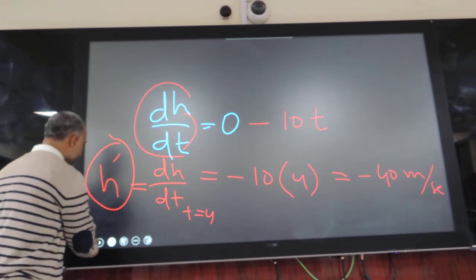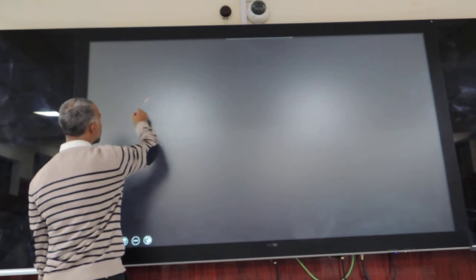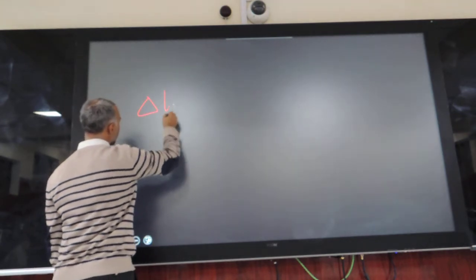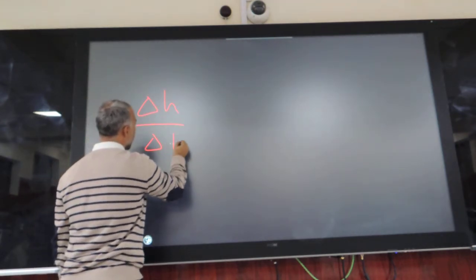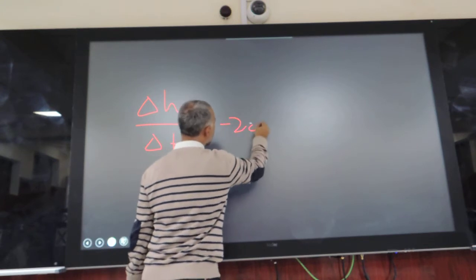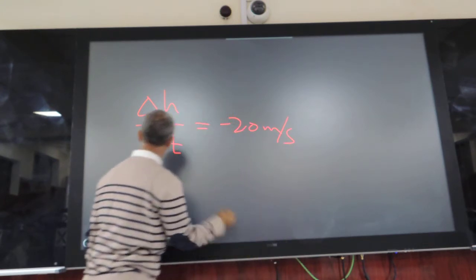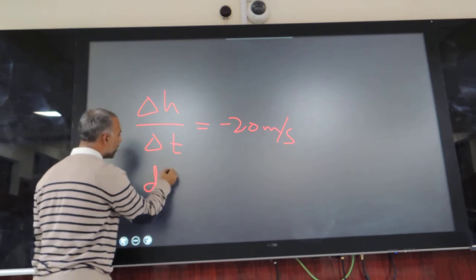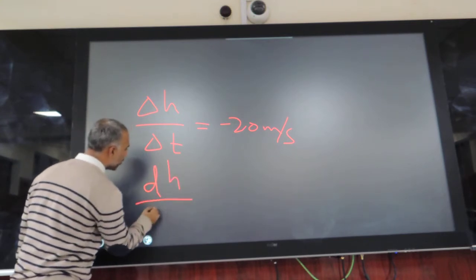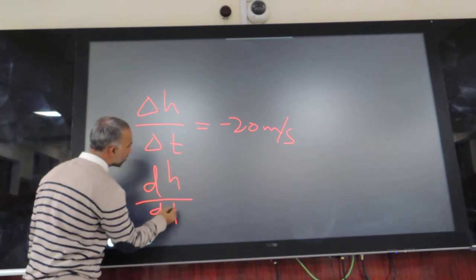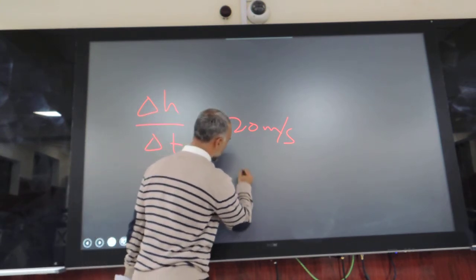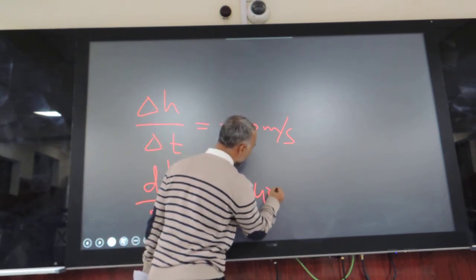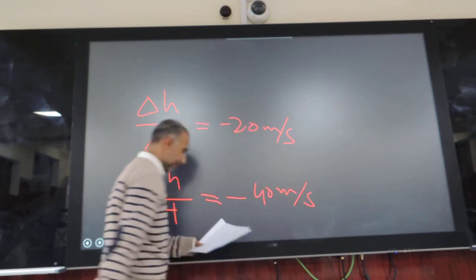So it's very simple, we can see the difference between the two speeds. Average is minus 20 meter per second, whereas the instant, once the ball is hitting the ground, is double of this average speed, that is minus 40 meter per second.